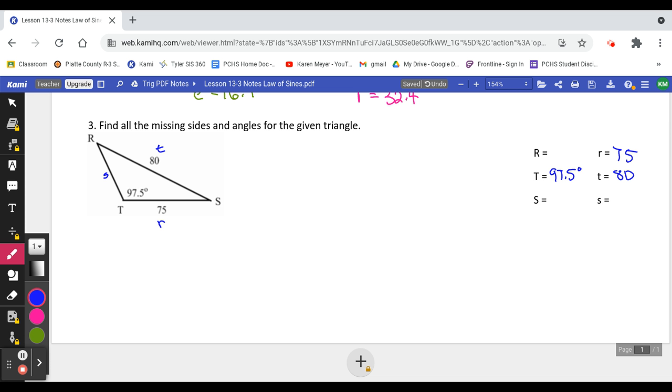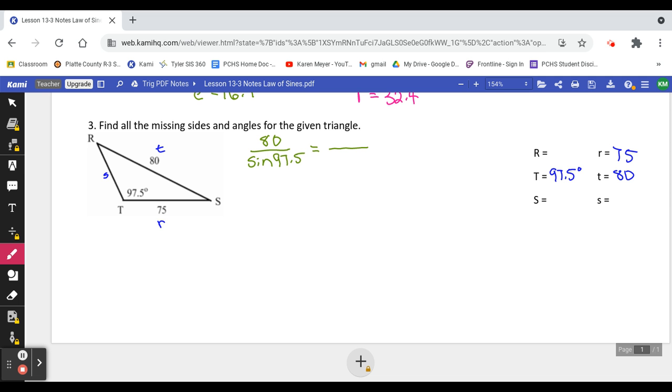Okay, so this time we have to start with the law of sines. I can't do 180 minus because I don't know two angles. So let's start with the law of sines. Which one do I know both the big and the little letter? Well, that is T. So little t, which is 80, over sine of big T, which is 97.5, equals.